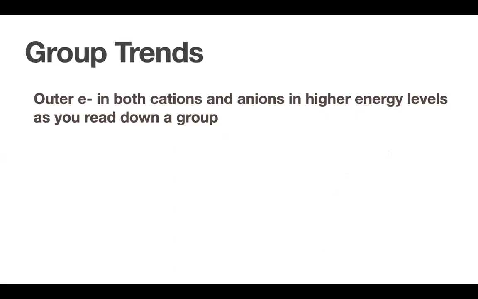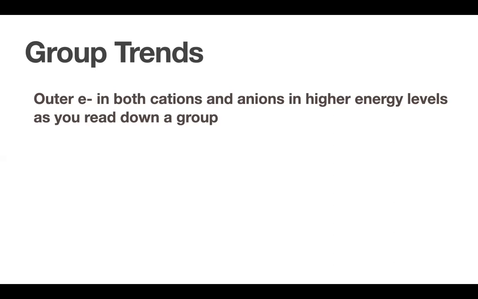As you go down a group and remove an electron to form a positive ion, that electron is really, really far out. So even though the ion gets smaller than the atom, the difference in size is going to be smaller if you're down towards the bottom of the periodic table.